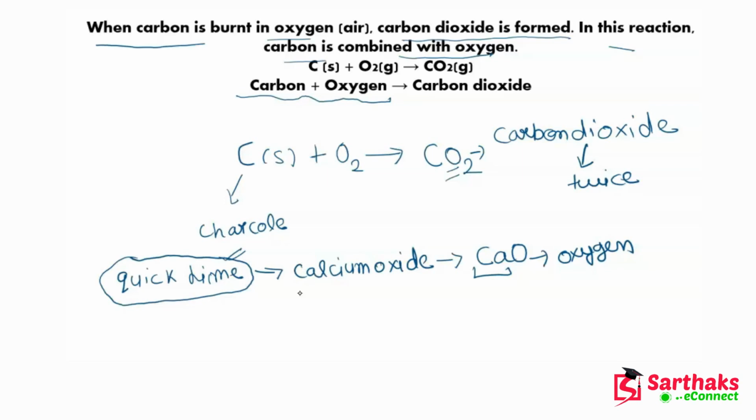So guys, what I was telling you is that whenever this quicklime reacts with water, it makes a compound, and that is Ca(OH) whole twice, Ca(OH)2. This is known as calcium hydroxide.